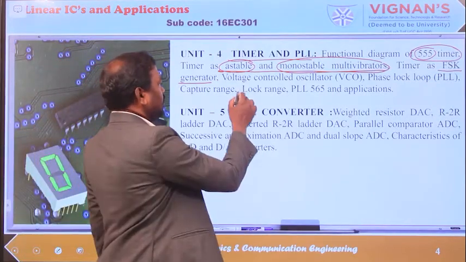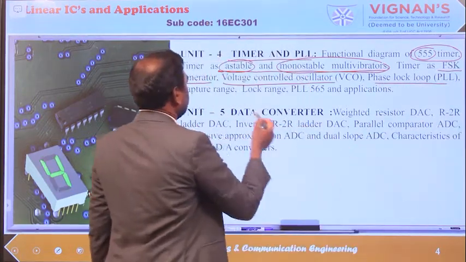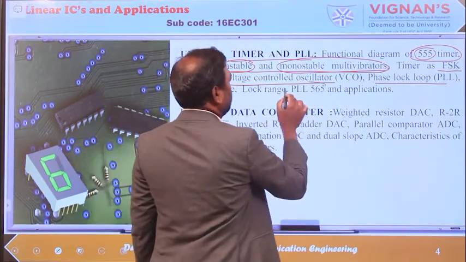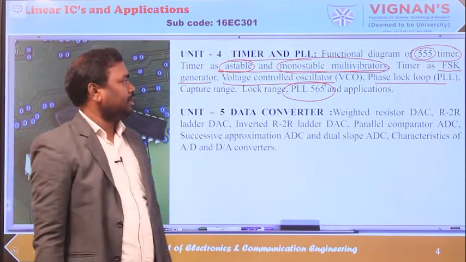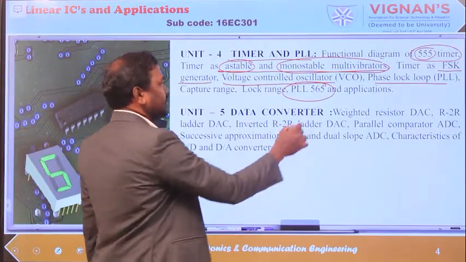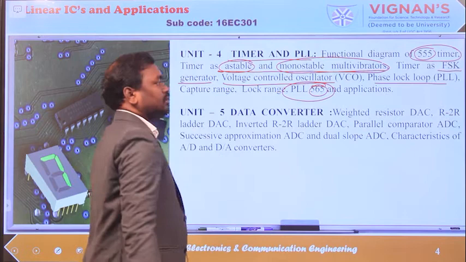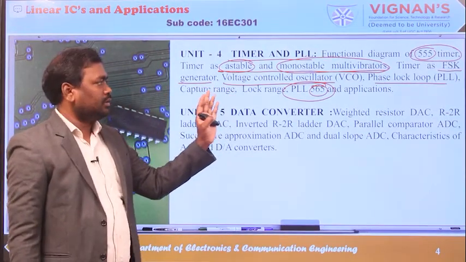Later, voltage controlled oscillator and phase locked loop using IC number PLL 565. It is the IC number. So these are PLL and voltage controlled oscillator.